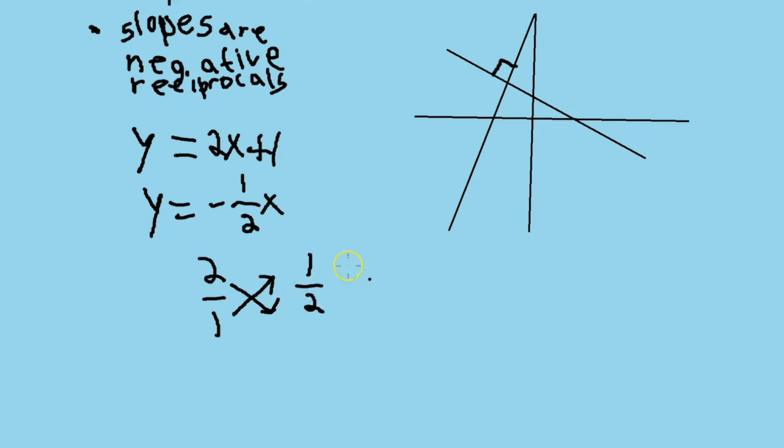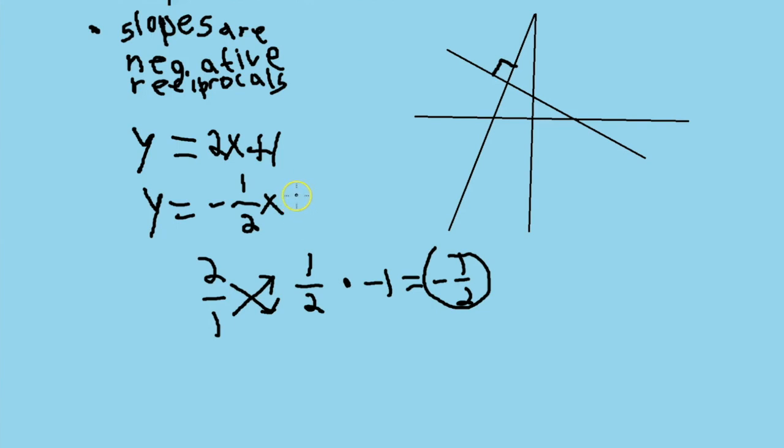So we do a flip, and then we multiply it by negative 1, and we get negative 1 over 2. Ta-da! So this line is a perpendicular line.